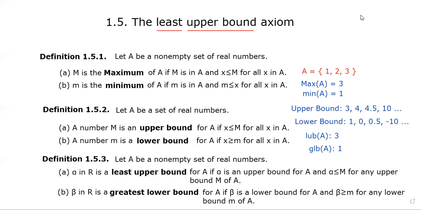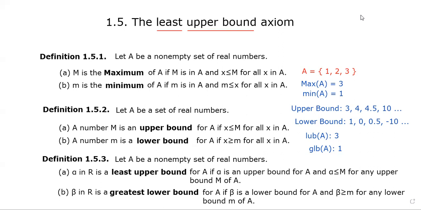An upper bound is a value that bounds a set from above, and it doesn't have to be in the set itself. For the lower bound, it's a value that bounds the set from below, and it doesn't have to be in the set. I hope this is clear to all of you.